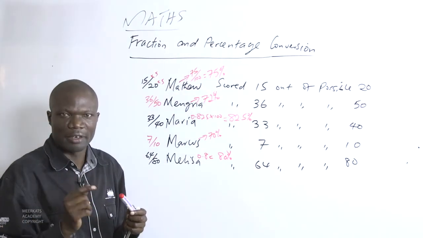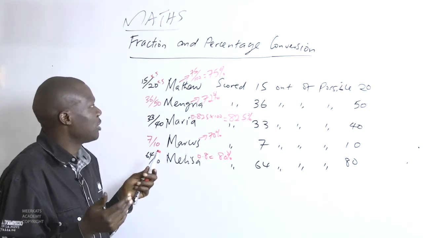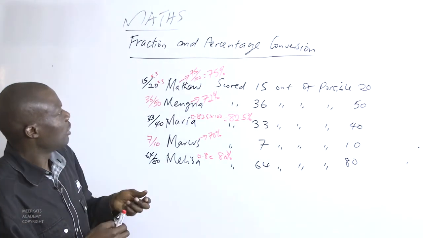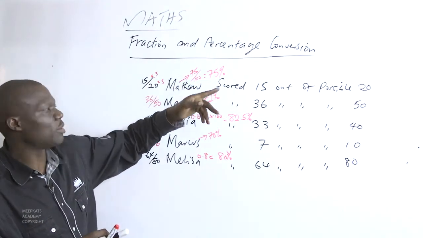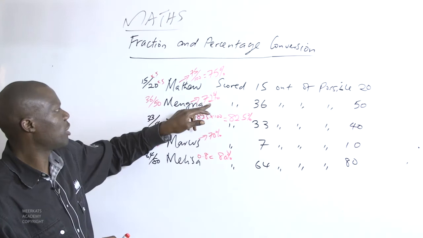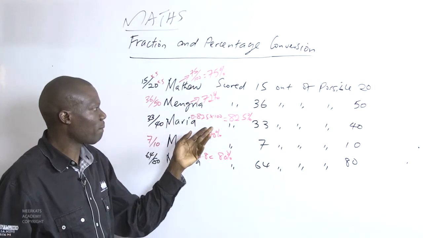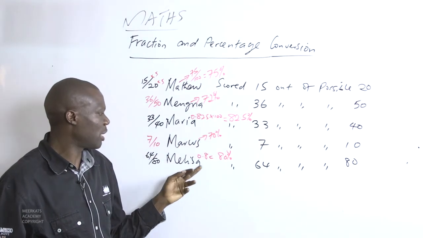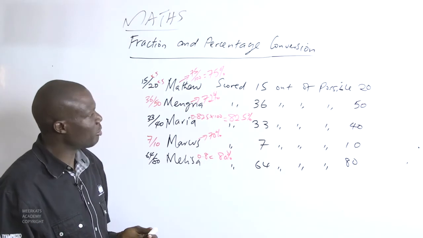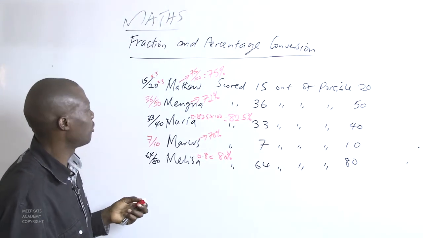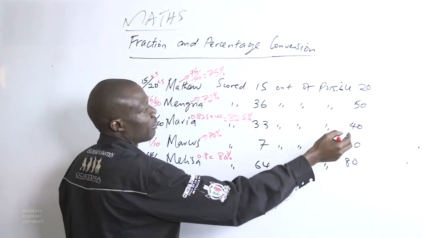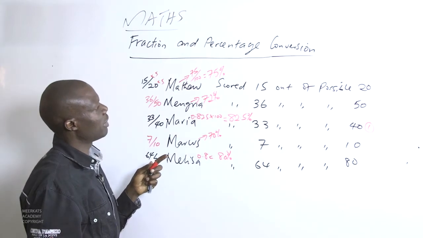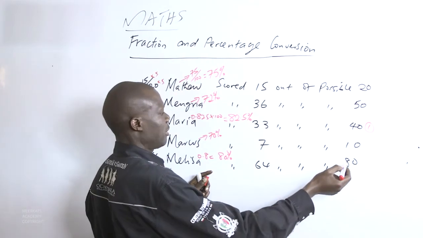Now we are done. We can start rating these students and identify who leads where. We have Matthew with 75, Magna with 72, Maria with 82.5, Marcus with 70, and Melissa with 80. From the look of things, you realize that the student who is leading is the one with 82.5, followed closely by the one with 80.